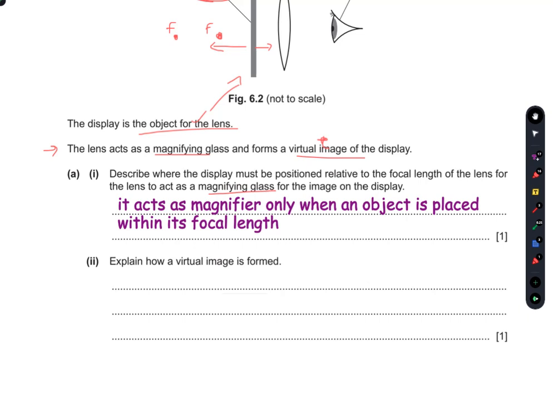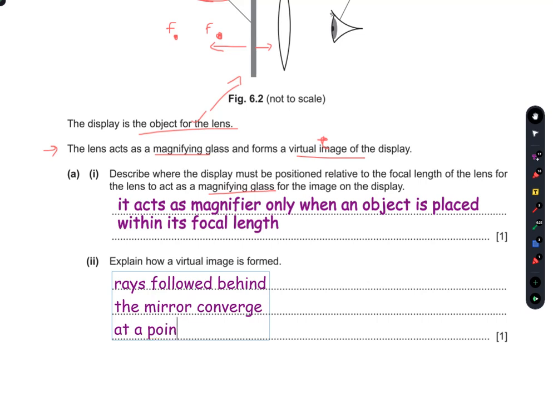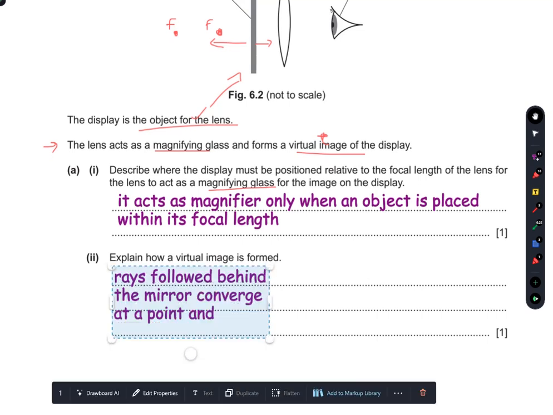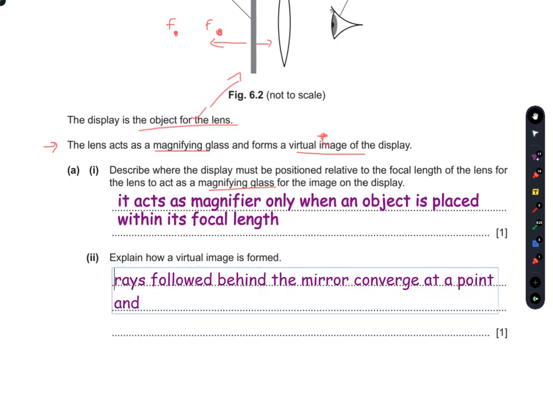So a virtual image is formed when rays followed behind the mirror converge at a point and appear to come from the other side of the mirror.